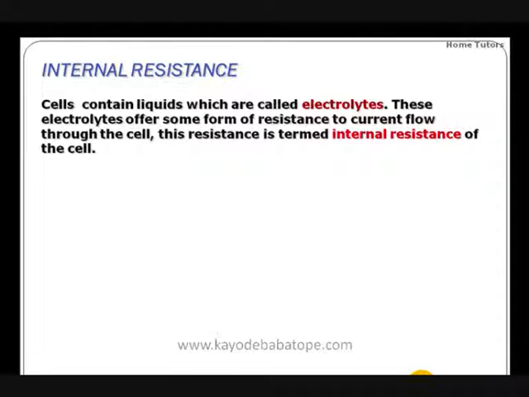And this potential difference is actually as a result of the resistance of the electrolytes. The electrolyte, that is the conducting fluid between the terminals of the cell. Usually cells contain liquids which are called electrolytes. These electrolytes themselves offer some form of resistance to current flow through the cell, and this resistance is what is called internal resistance of the cell.